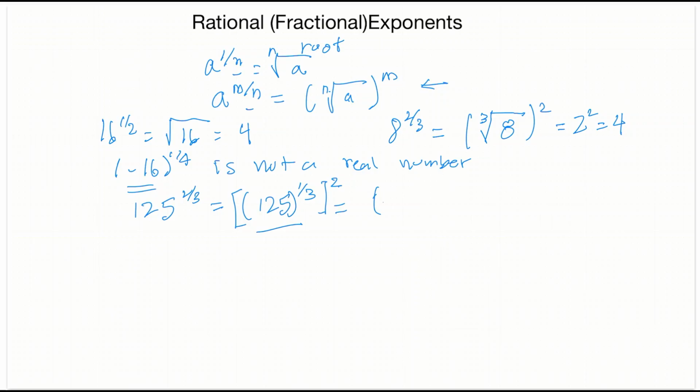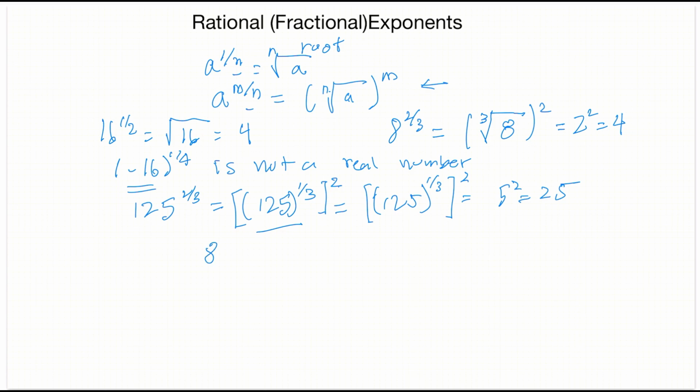So that's equal to 125 raised to the 1/3, and all this squared. Okay, the cube root of 125 is 5, since 5 times 5 times 5, 25 times 5, is 125. So that's equal to 5 squared. That's equal to 25.